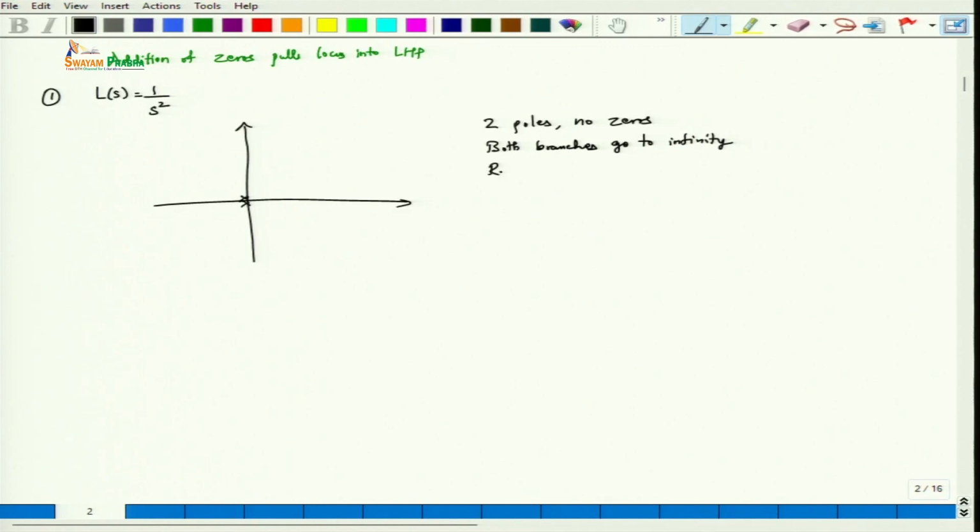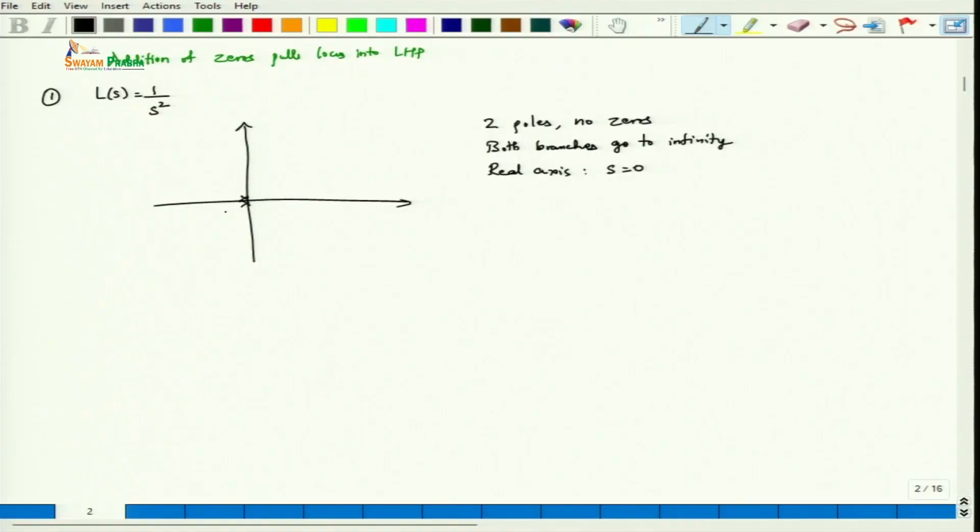The part on the real axis is only S is equal to 0, because if we look along the positive real part, there are no poles or zeros, so that is not a part. If we look at the negative real part, towards the right there is an even number of poles. So, that is the reason only S is equal to 0 forms a part of this root loci.